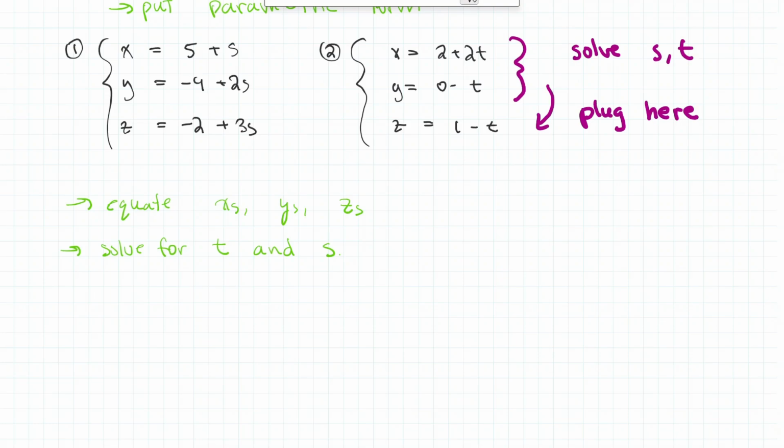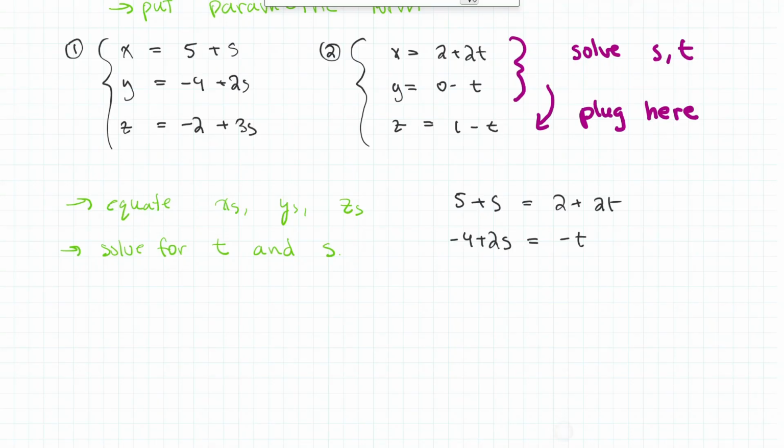So taking the first two, we've got that 5 plus s equals 2 plus 2t, and then we have that negative 4 plus 2s equals, what do we have over here? Equals negative t.